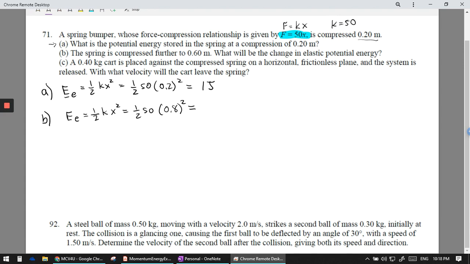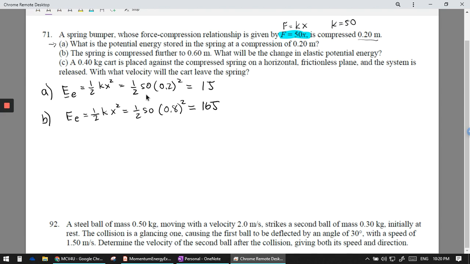And so what we can do here is calculate this as well. We calculate that and we get 16 joules. And so that's how much it has currently. 16 joules of energy.